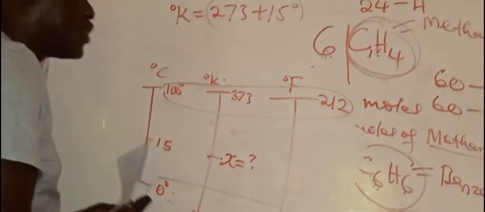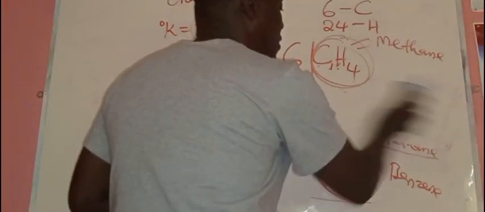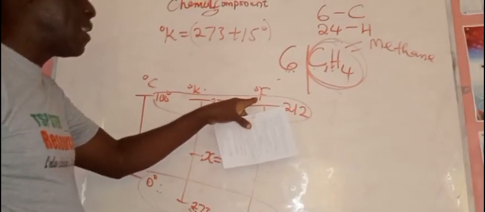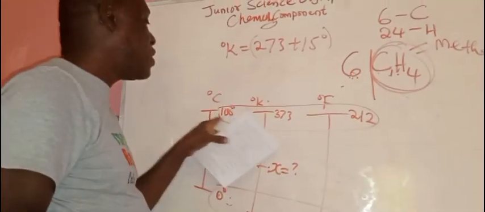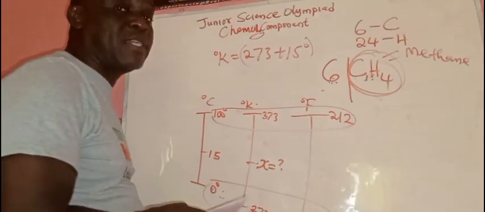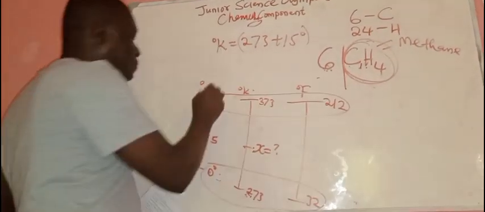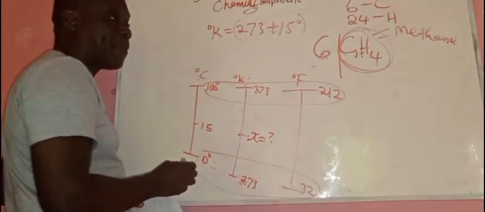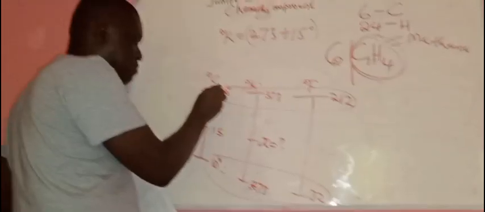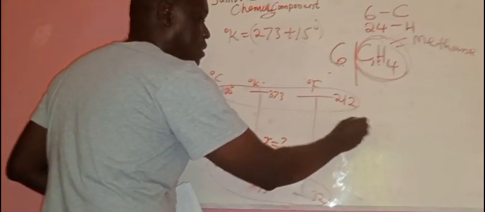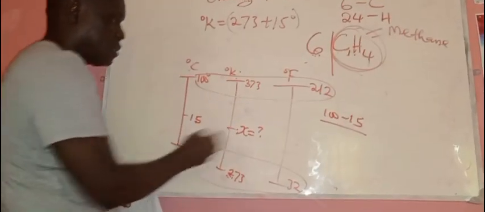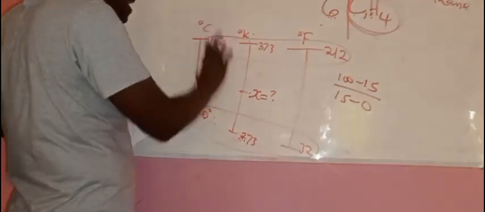Now there's another method I want to teach you. We call it interpolation. Because they can also ask you to convert it to degrees Fahrenheit. These are the ways in which you can express the temperature readings of any object. Since it's between degrees Celsius and degrees Kelvin, you use the interpolation method. 100 minus 15, divided by 15 minus 0. You have to go in the same direction here.